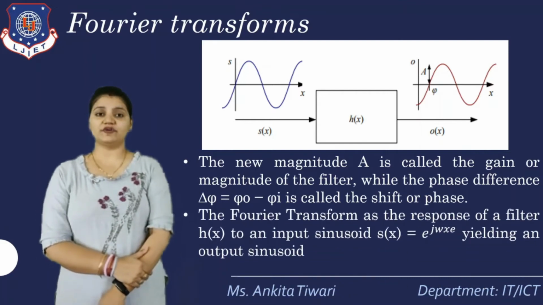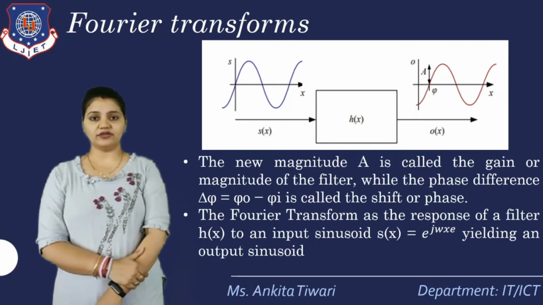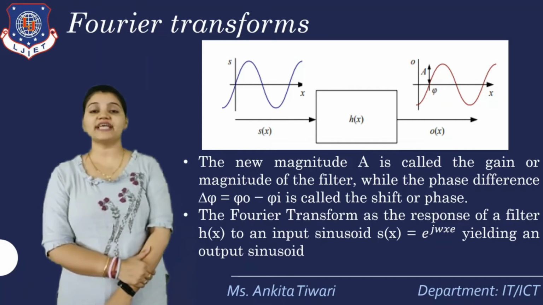So the Fourier transform is the response of a filter, h of x, to an input sinusoid, s of x, which is equal to e raised to j w x, yielding an output sinusoid.